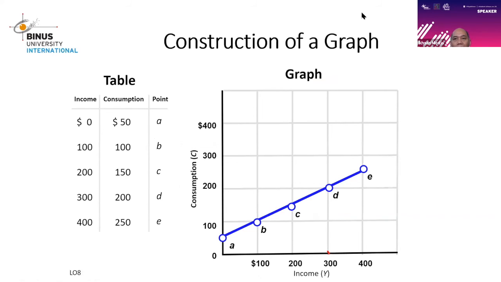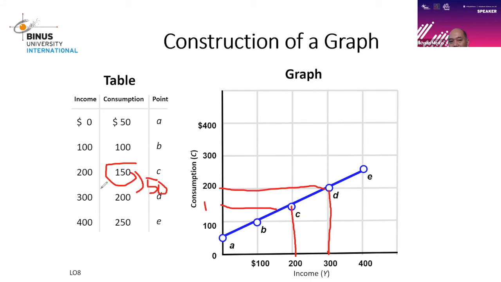Jadi you calculate the slope. Second. Ini the point D, the change from point D to point C, ya kan? Change from D to C. So the consumption change, vertical change is 200 minus 250. So this is going to be 50.